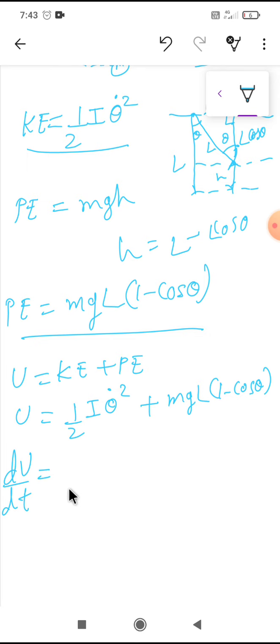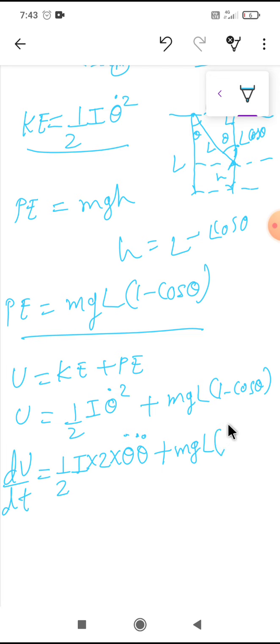is equal to, so if I differentiate, 1 by 2 is a constant, so it will come out. I is also a constant, so it will come out. Differentiation of theta dot square: 2 will come out, so 2 into theta dot raised to 2 minus 1, which is theta dot, and the differentiation of theta dot again will be theta double dot, plus m is constant, g is constant, L is constant.